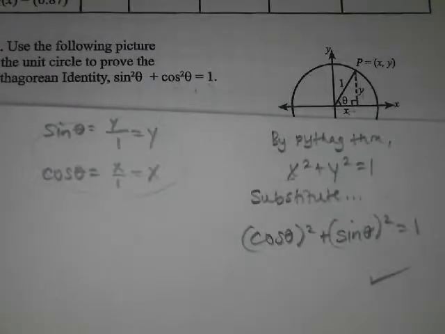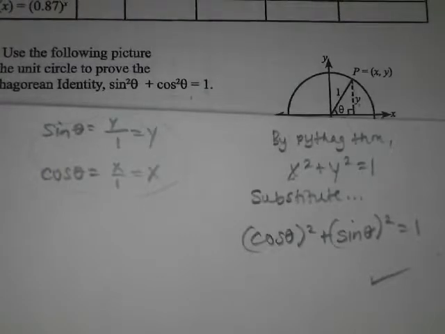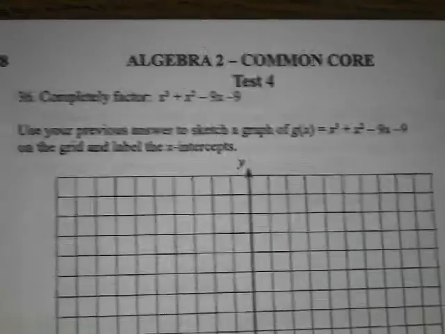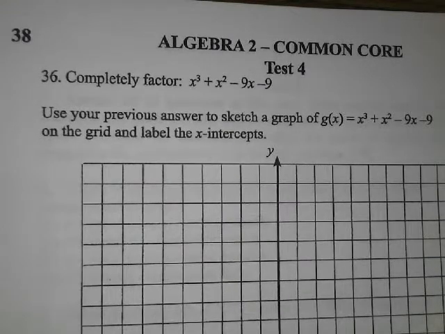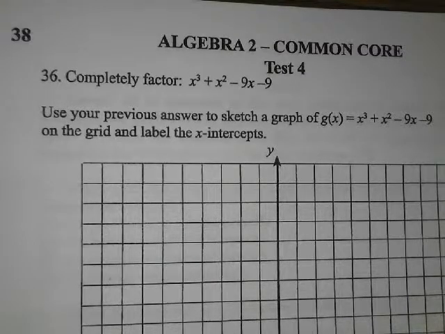Okay, and then 36. Completely factor this. So I'm going to write that down, that function, x cubed plus x squared minus 9x minus 9. When you're asked to factor something that's got 4 terms, what's your first try?